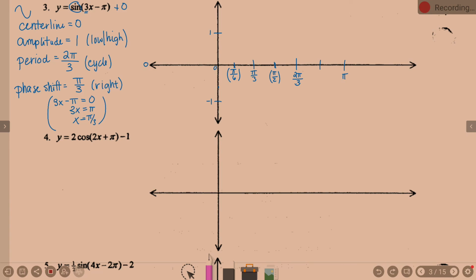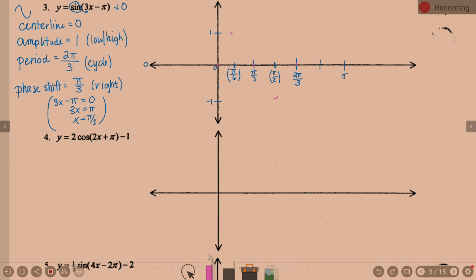This was sine. So we're starting here at 0, right? We're going to max at the first tick mark, which would be pi over 6. We're going to cut back through at the midpoint, which is pi over 3. I'm going to have a minimum at the next tick mark. I'm going to cross through at 2 pi over 3, because I'm just going from 0 to 2 pi over 3.